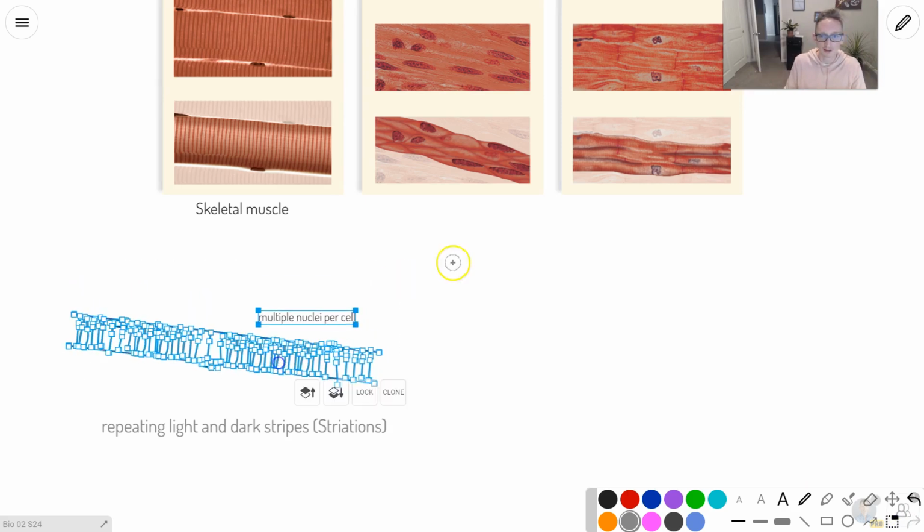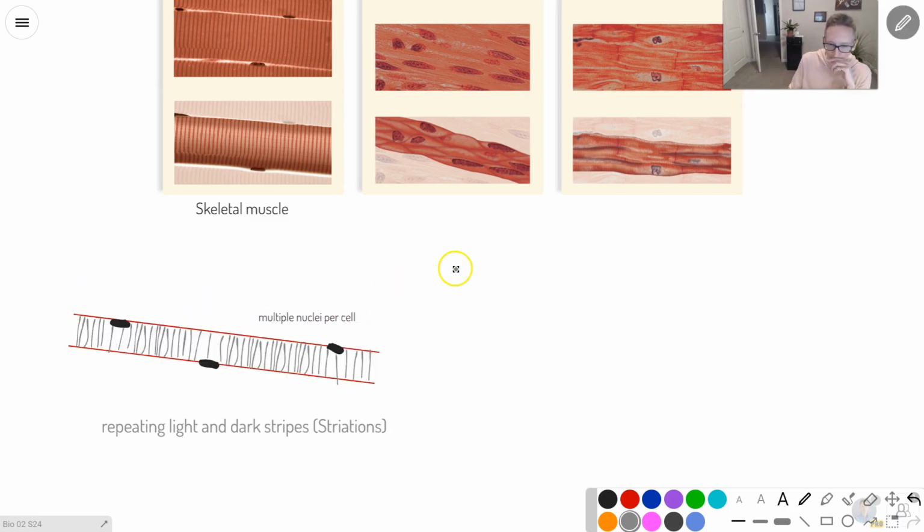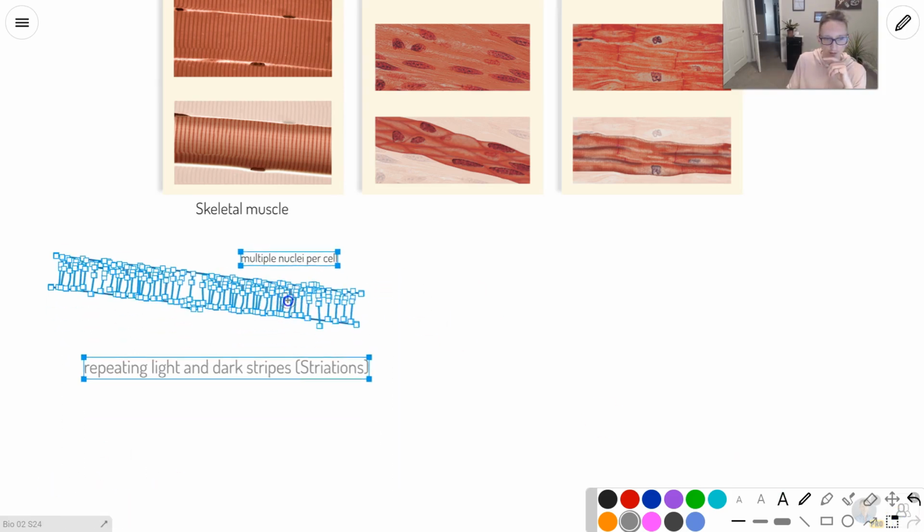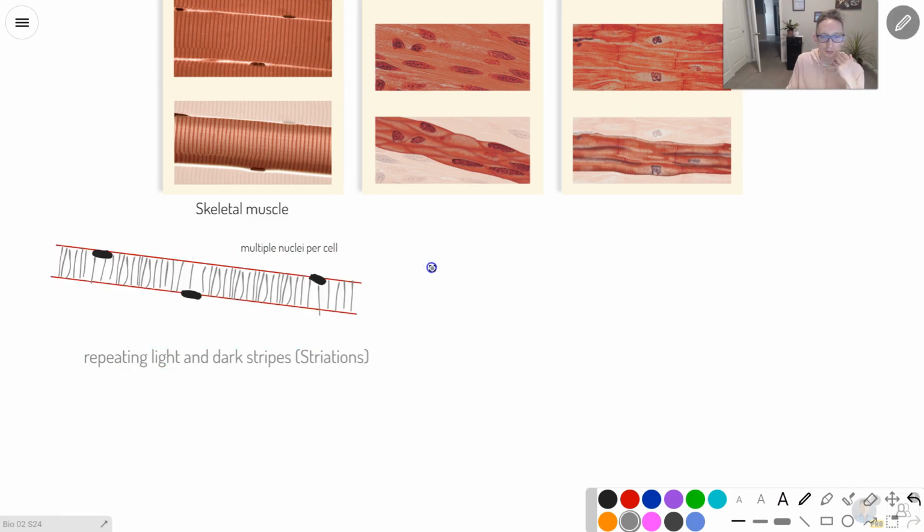Easy peasy. All right. Smooth muscles love jazz music. They are a smooth operator. Just kidding. These skeletal muscles are associated with our skeletons, which is why they're called skeletal muscles, with conscious control.